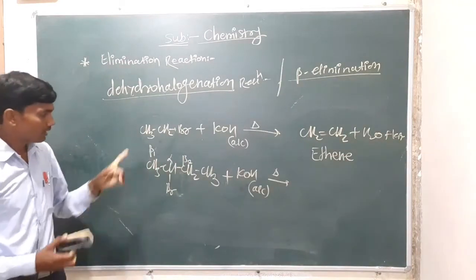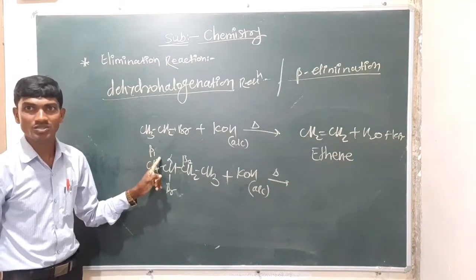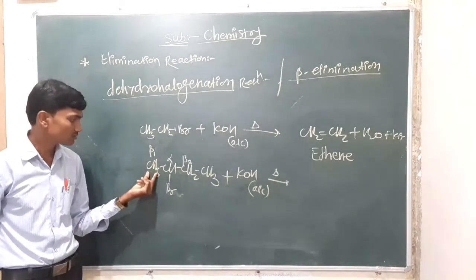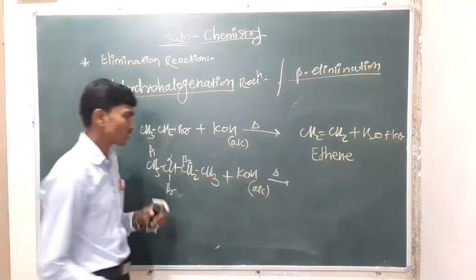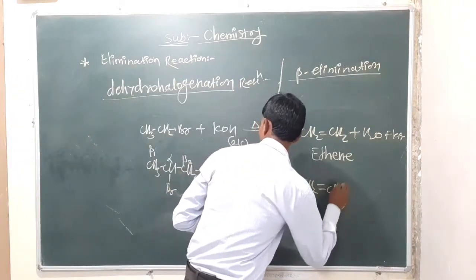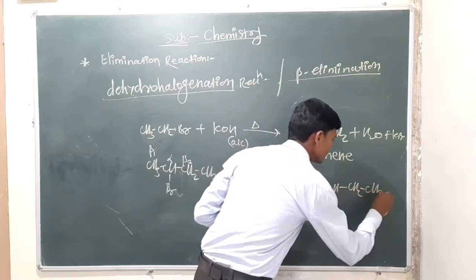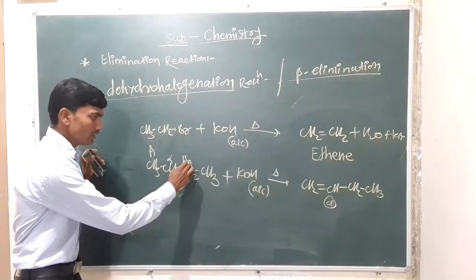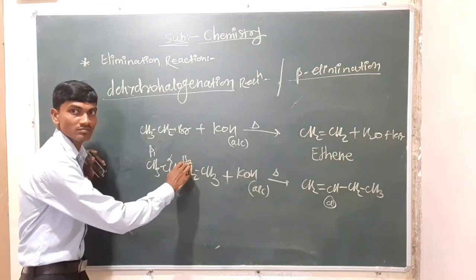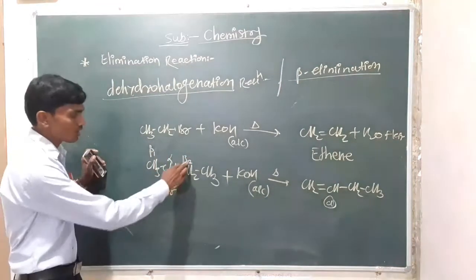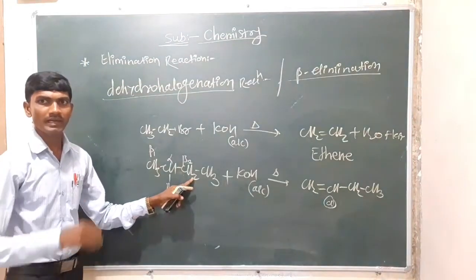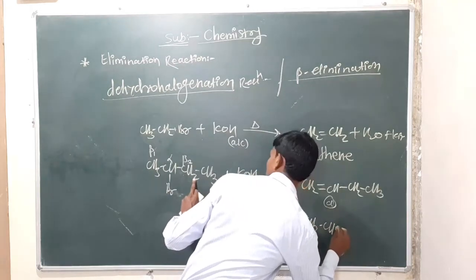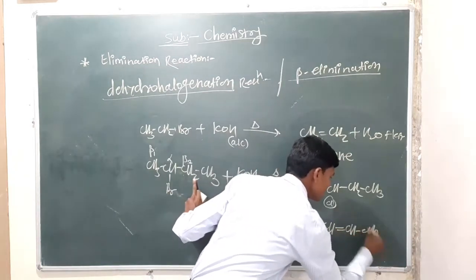For the first compound, a hydrogen is eliminated from the beta 1 carbon. The first product is CH2=CH-CH2-CH3. The second product is formed by elimination of a hydrogen atom from the beta 2 carbon atom, giving CH3-CH=CH-CH3.